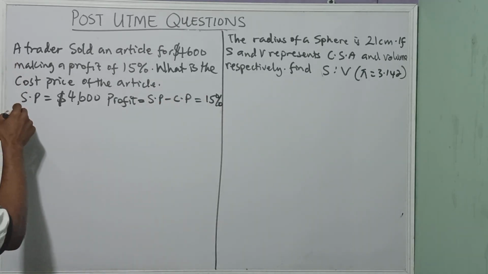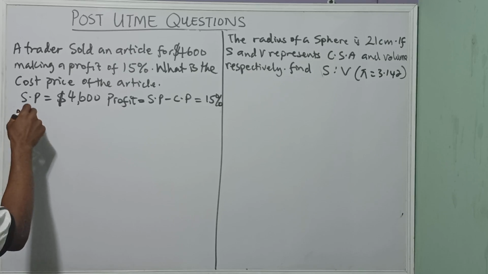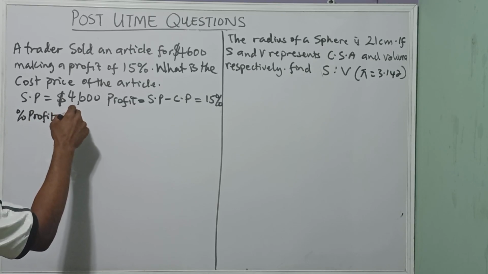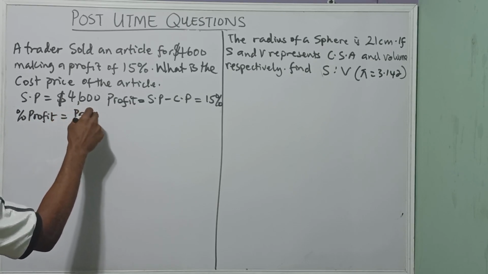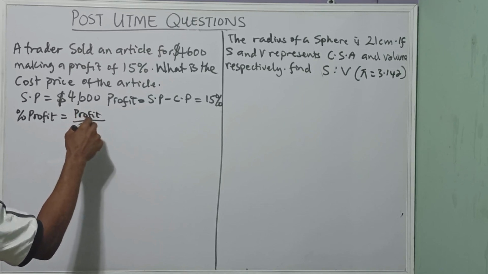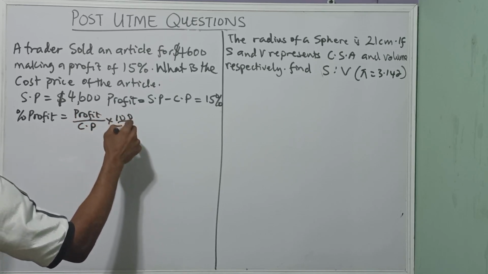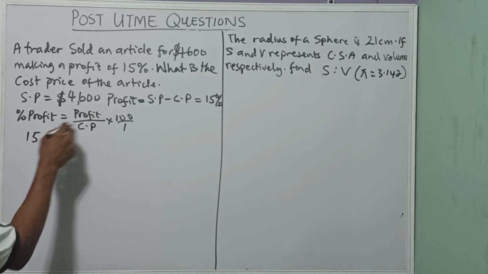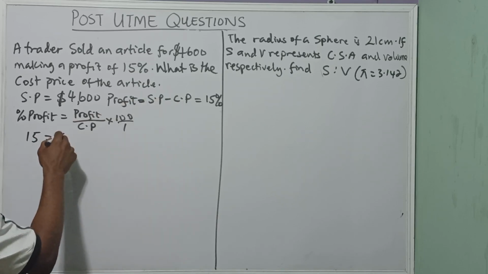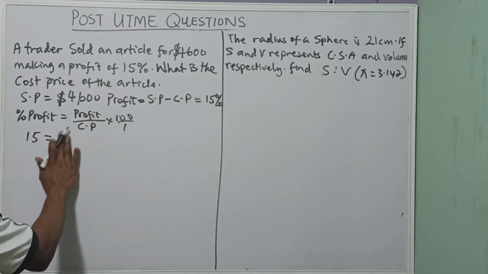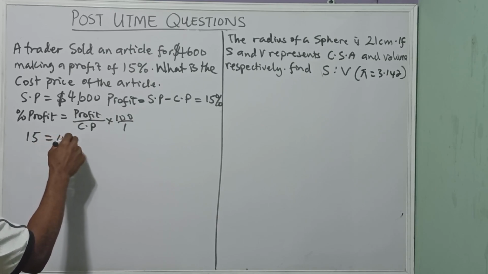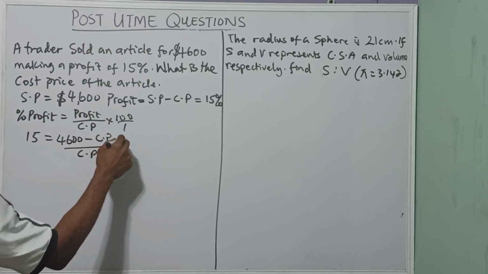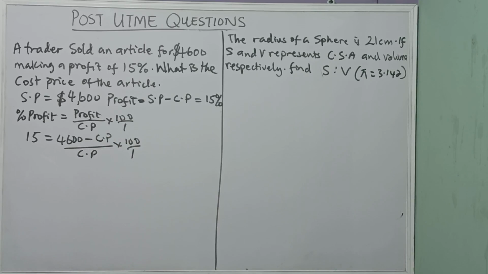Now, we know that to find our percentage profit, we have profit all over cost price times 100 over 1. So in this case, we'll have 15% equals our profit, which will be selling price, 4,600, minus our cost price, over cost price times 100 over 1.